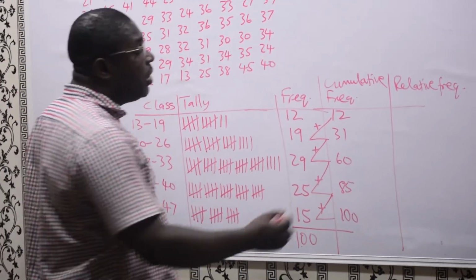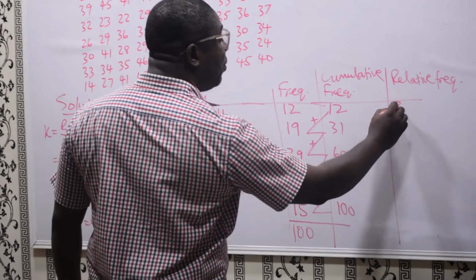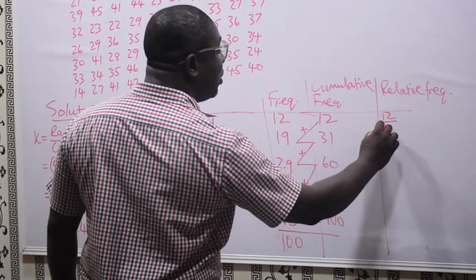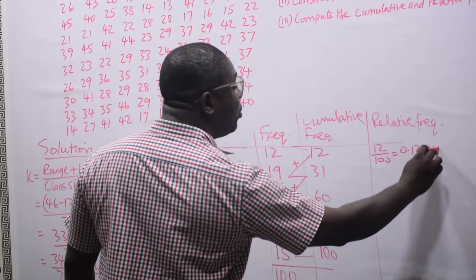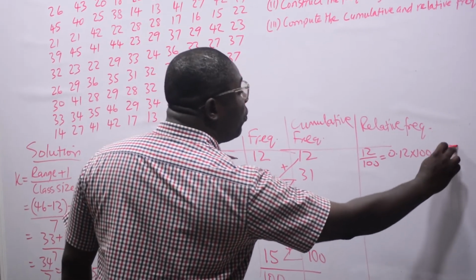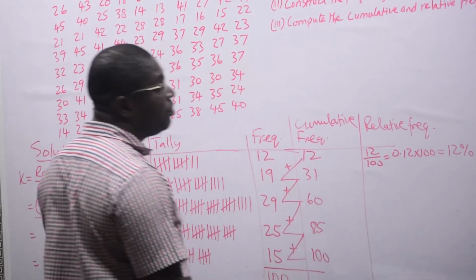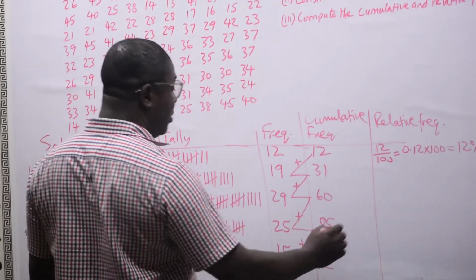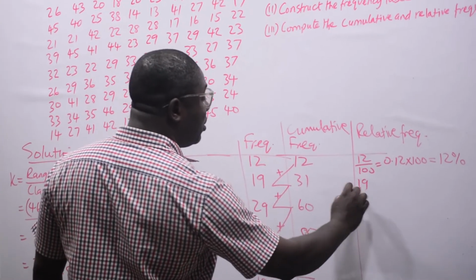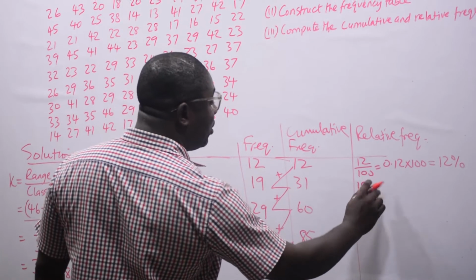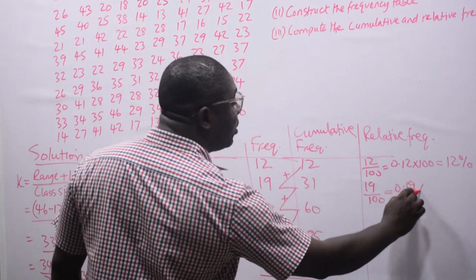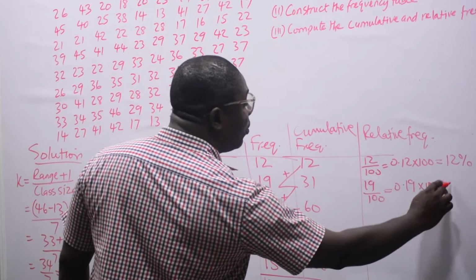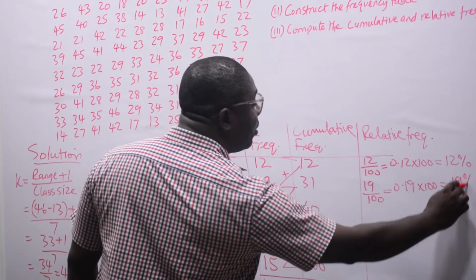So the first one will be 12 over 100. This will give us 0.12 times 100, which gives us 12%. The next one, 19 divided by 100, will give us 0.19 times 100, which gives us 19%.